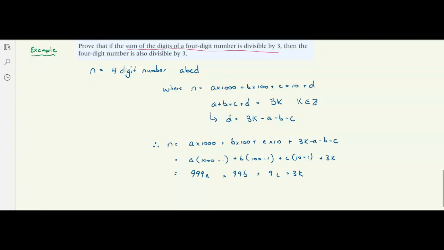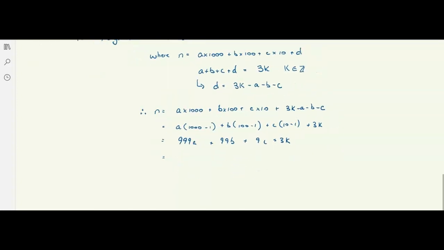So that's equal to 999A plus 99B. We can say that 3 is a factor of all of these terms, so we'll factorize it out, and we get 333A plus 33B plus 3C plus K.